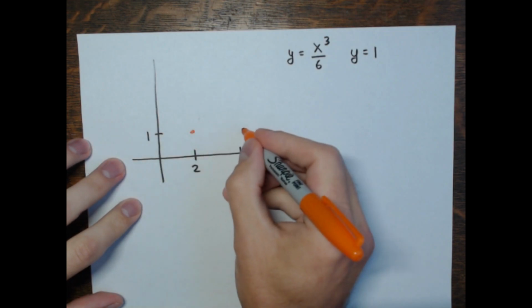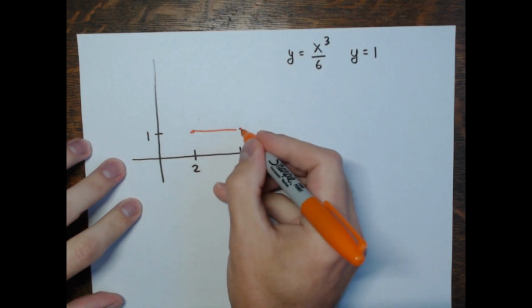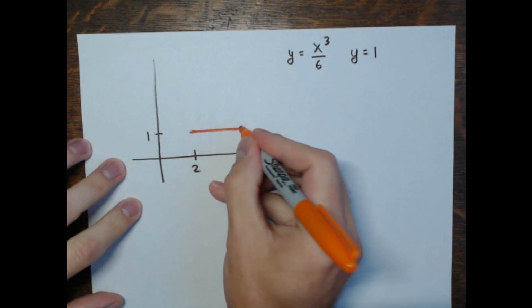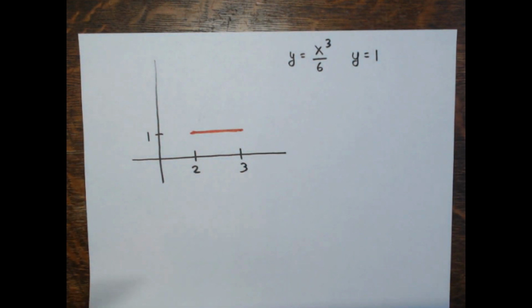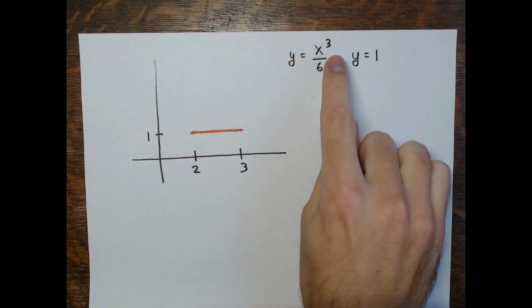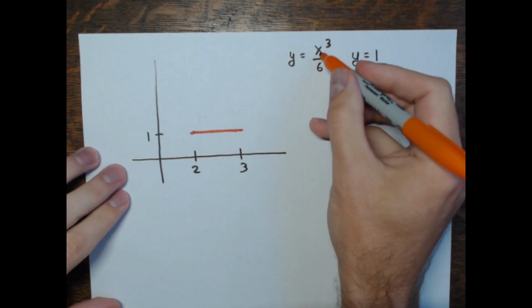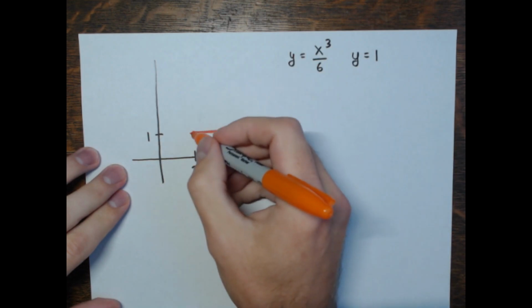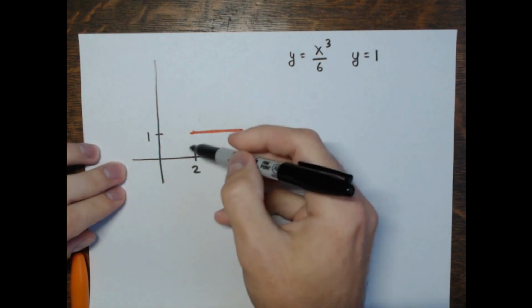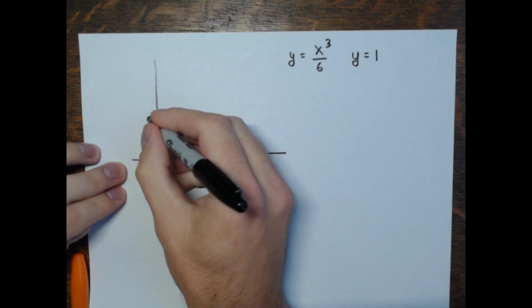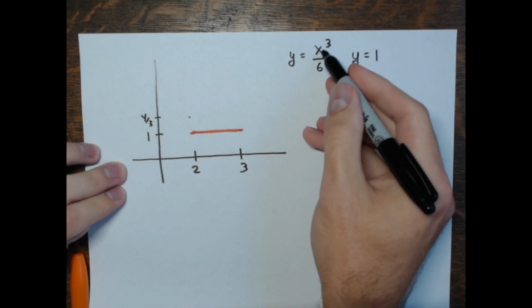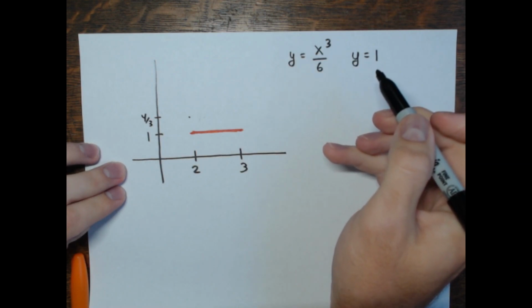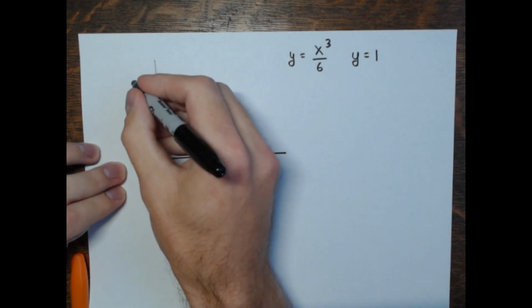We have 2, 1, 3, 1. Every point in here has a y value of 1. F of x, y equals x cubed over 6, when I plug in 2, you'd have 8 over 6, that's 4/3. And when I plug in 3, that's 27 over 6, or 9 halves, 4.5.